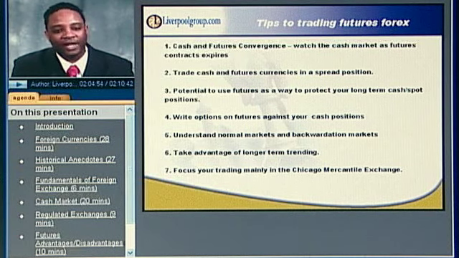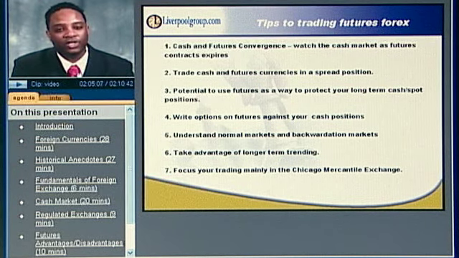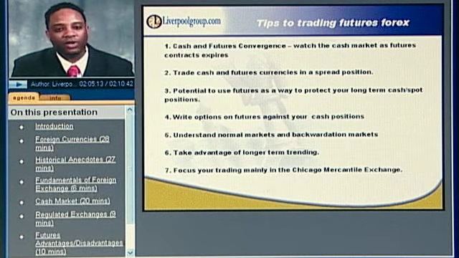So when you trade the Chicago Mercantile Exchange, you're actually getting a great glimpse into the minds of those banks and dealers that are in the cash market. So focus your trading there, as well as focus your research and understanding of the Commitment of Traders report and using the various technical analysis indicators that we talked about before.